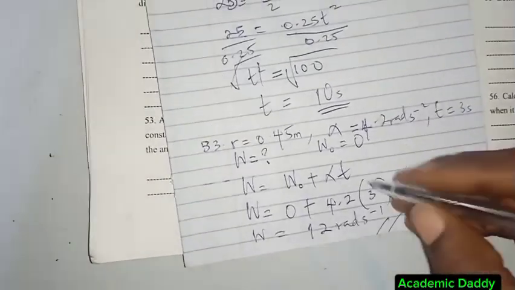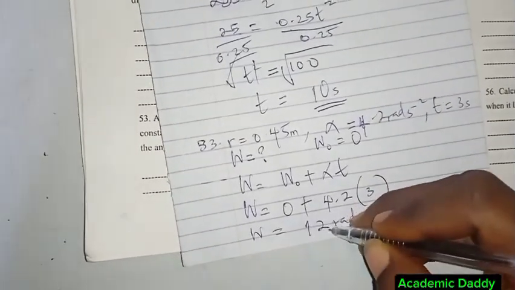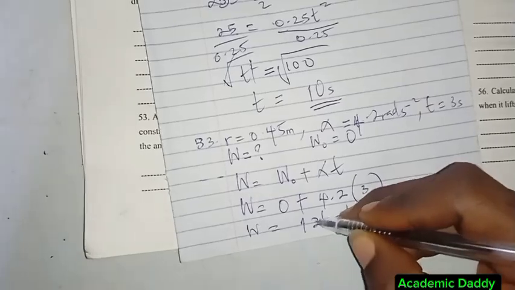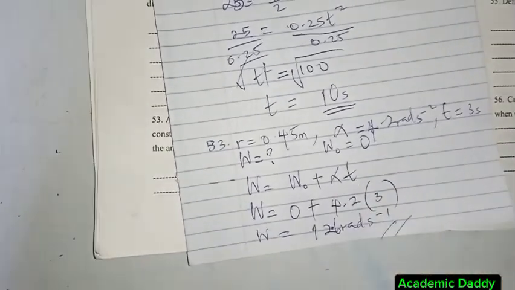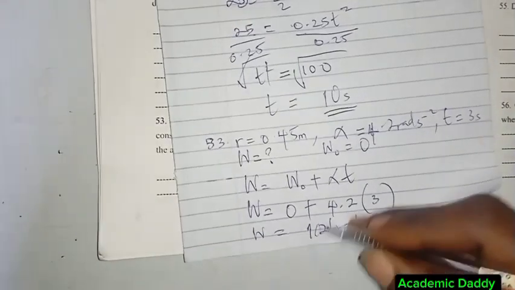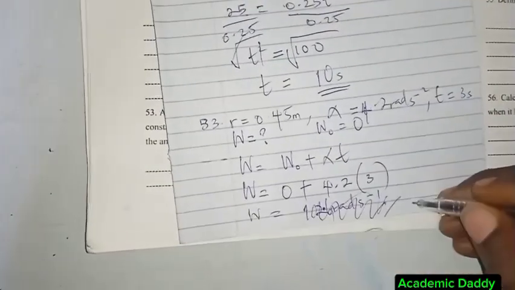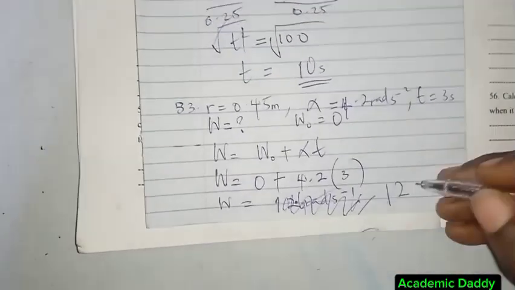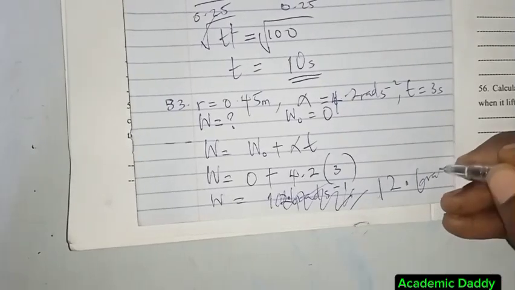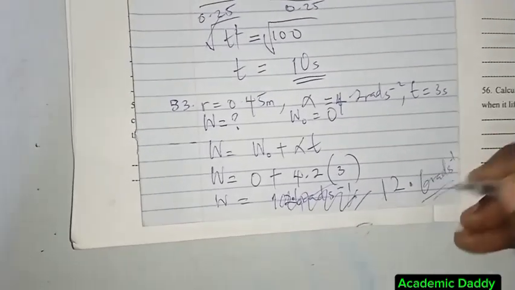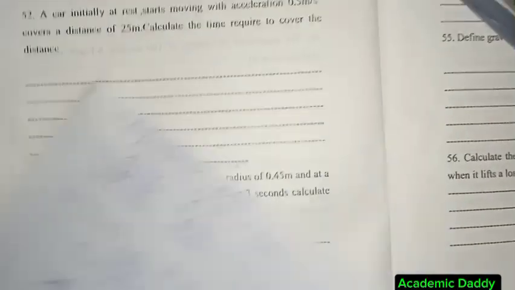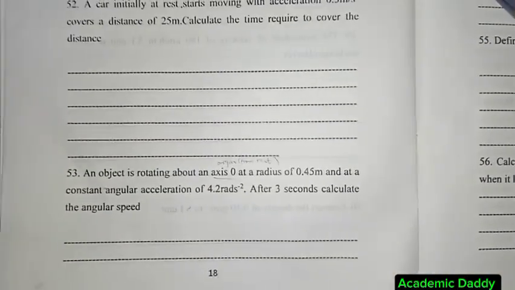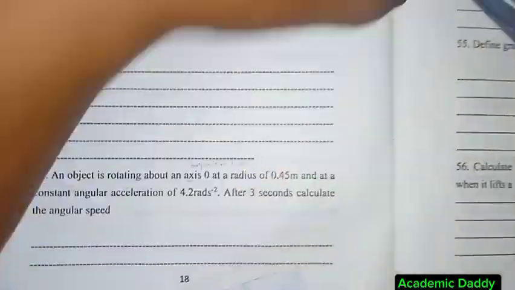So it's going to be 12.6, sorry. 12.6 rad per second. Alright, let's move to the next one. So there you have it for question 53. We are moving to question 54.